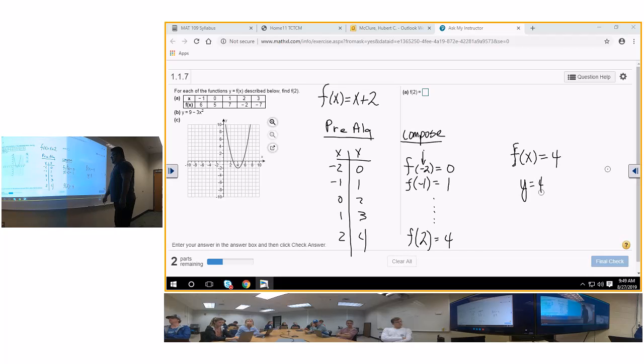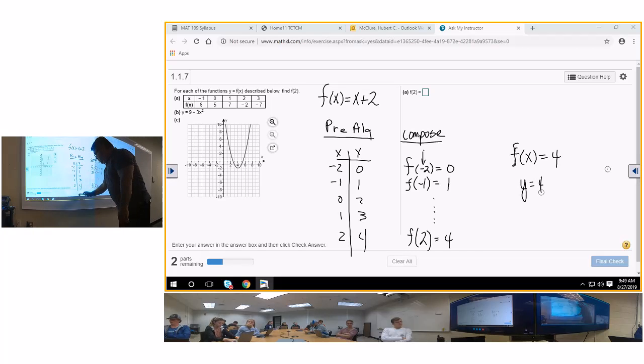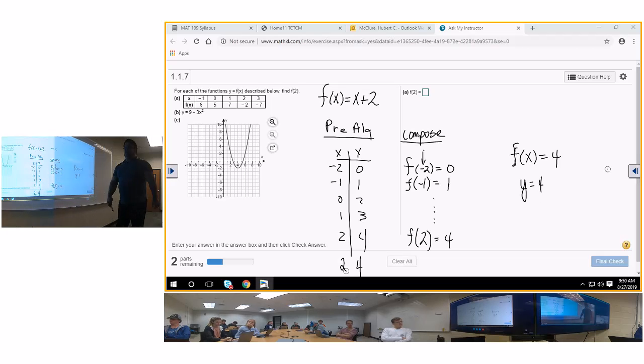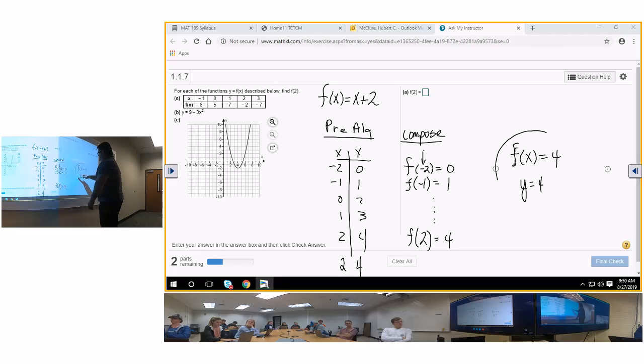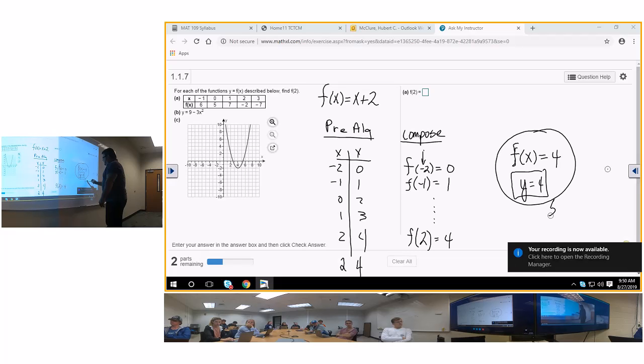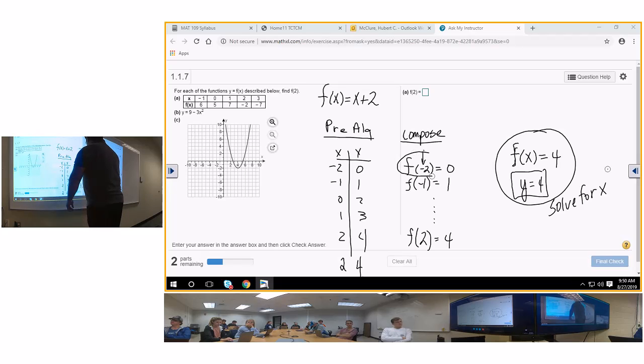So that's the same thing as having a 4 over here. And of course, we already did 4. A 4 would be a 2 as far as the x. So when you have this, you plug in y is equal to 4 and you solve for x. When you have this, you plug in x to solve for what? Y. Plug in x to solve for y.